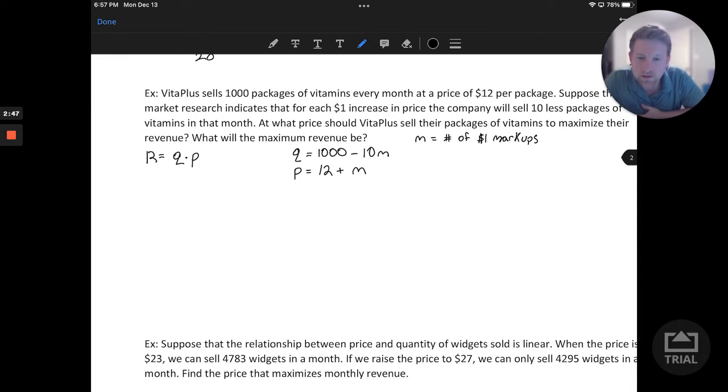So we have a definition for quantity and price, depending on what the value of this markup is going to be. So the revenue is equal to the quantity times the price.